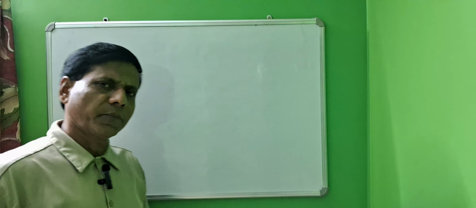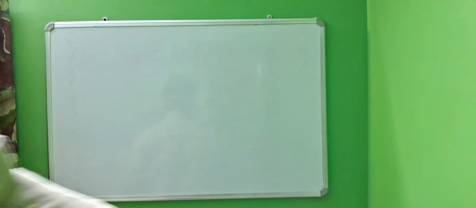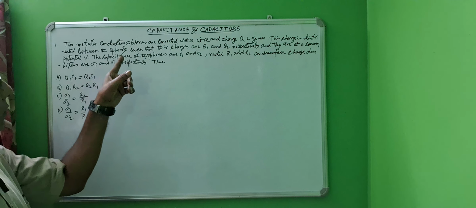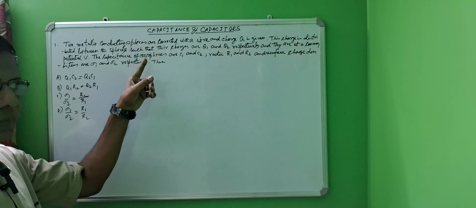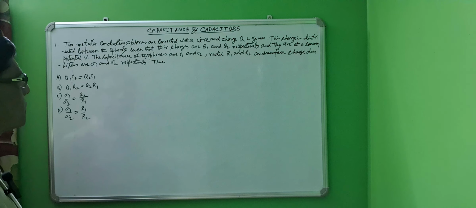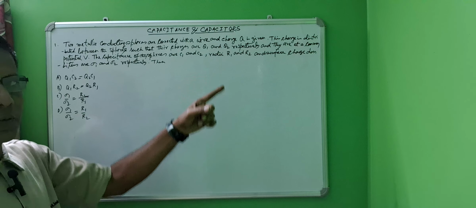We start today the remaining problems on capacitance and capacitors. Two metallic conducting spheres are connected with a wire and charge Q is given.